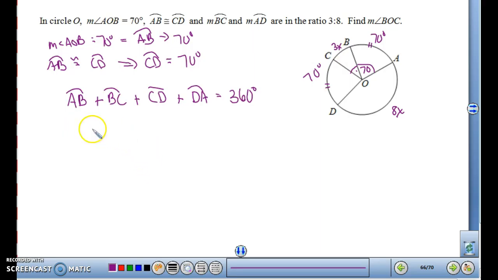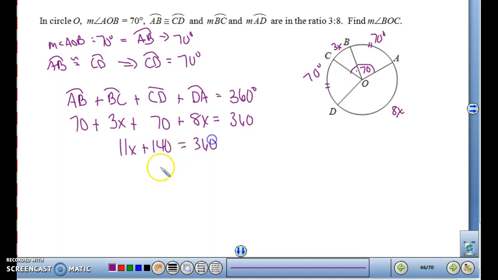So let's see. AB is 70, BC is 3x, CD is 70, and DA is 8x, and that equals 360. So that gives me 11x plus 140 equals 360. So 11x will equal, subtract the 140, 220. So x is equal to 20.